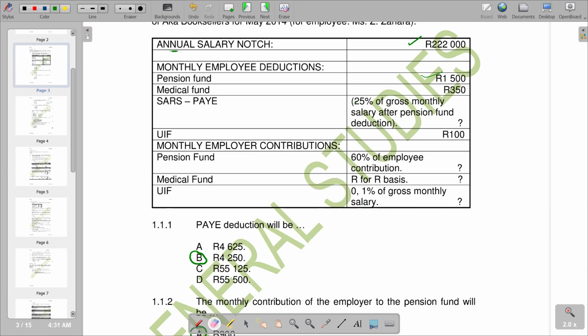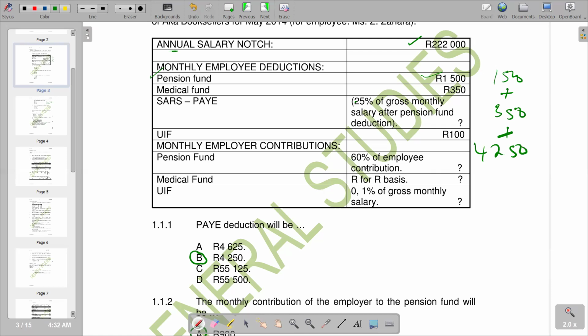Right, on total deductions, we are going to use the figures that we got. For the pension fund, we have 1,000. Then we add the 350 for medical aid, and then for SARS pay, you calculate it and get 4,250.